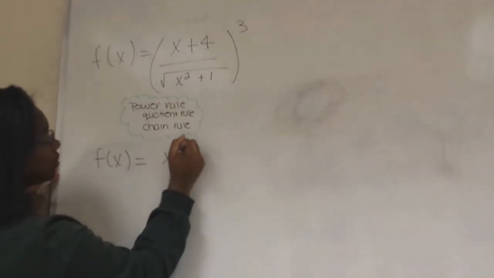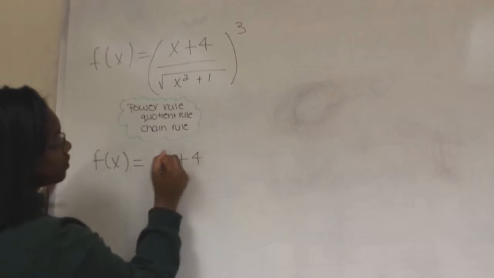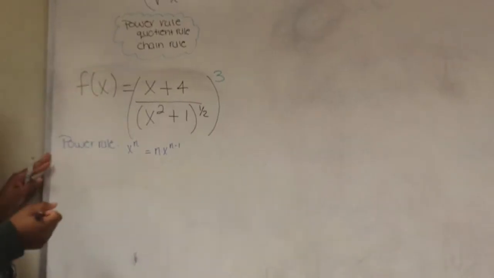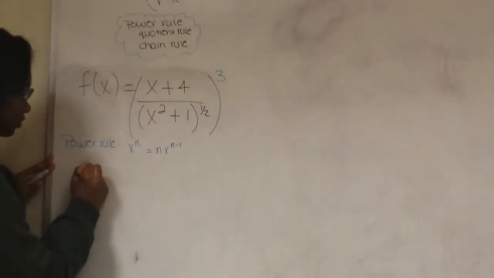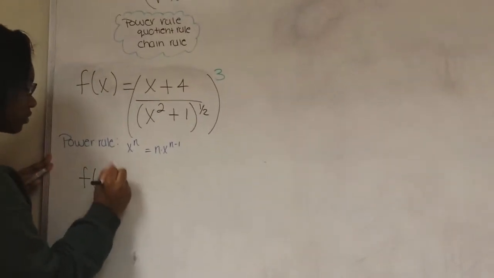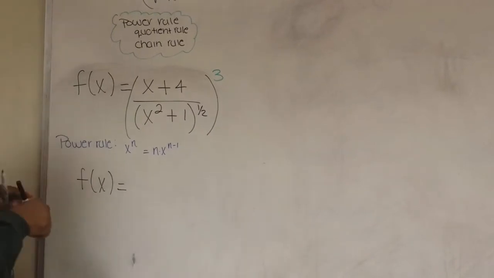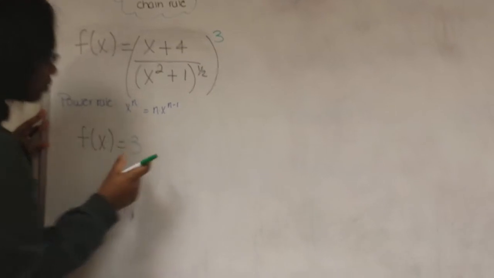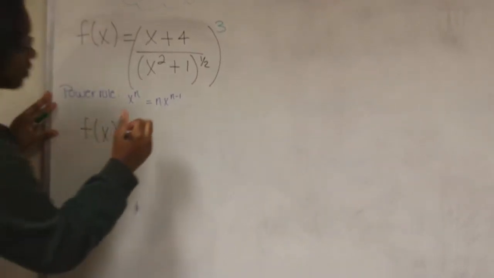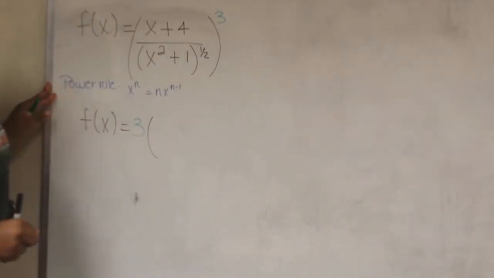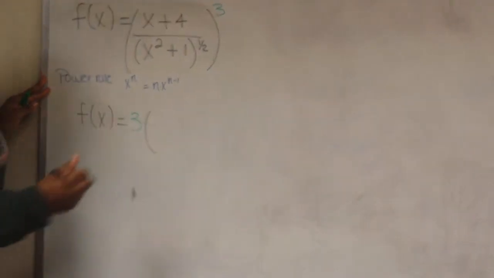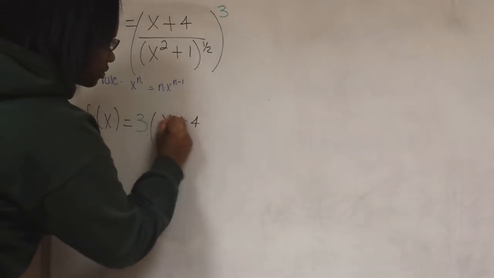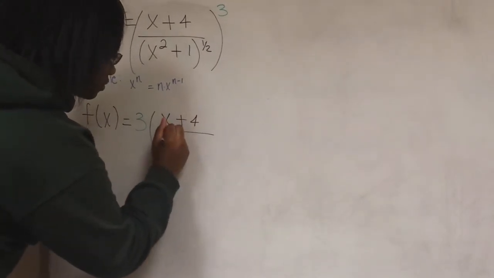So basically, the square root of x squared plus 1 would simply equal x squared plus 1 to the 1/2. We can see that the whole equation is to the third power, so in order to do this, we must multiply the equation by 3, which will be 3 times x plus 4 over x squared plus 1 to the 1/2.